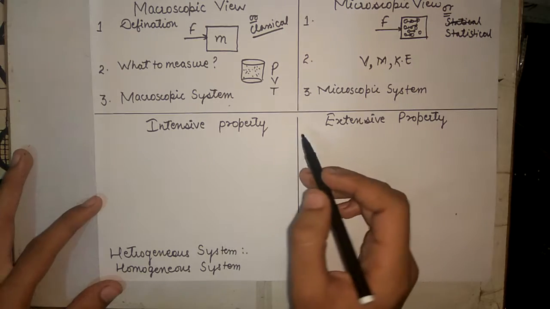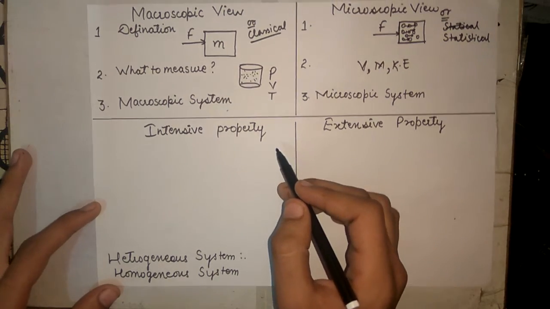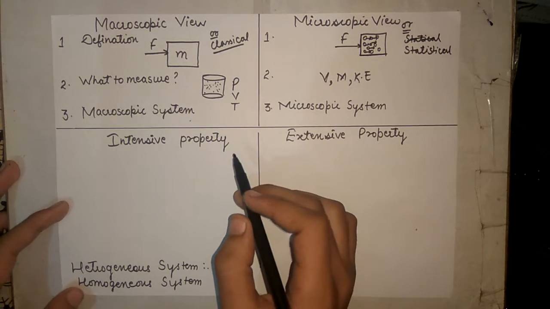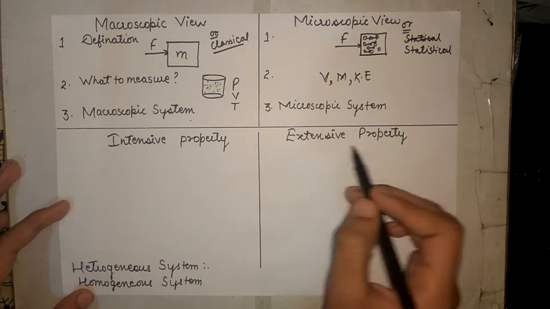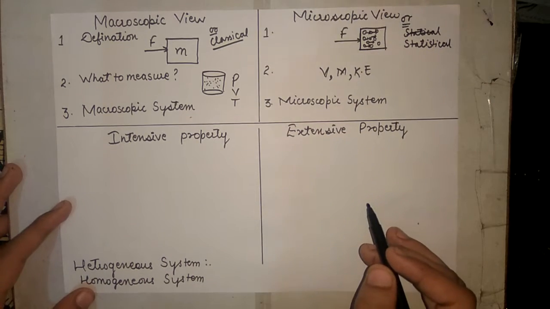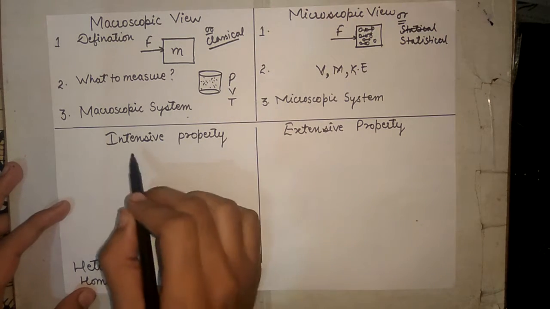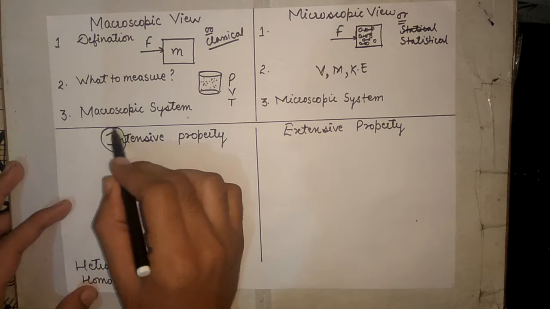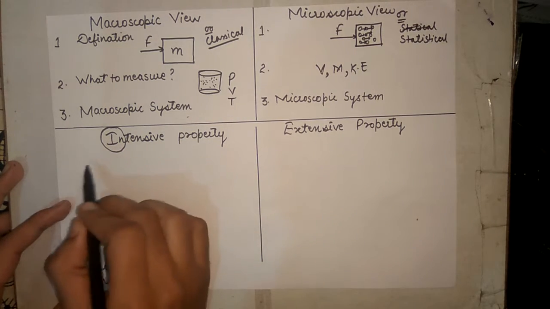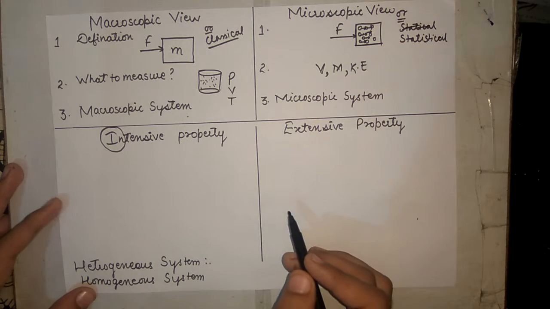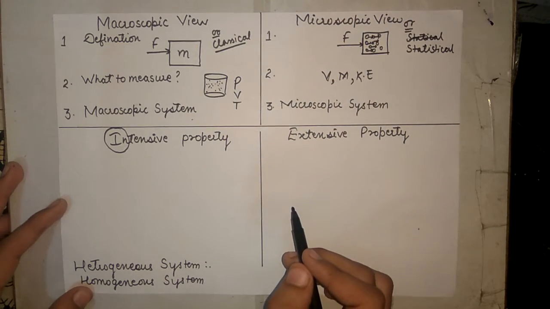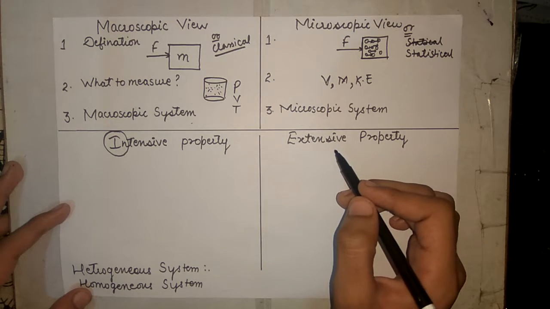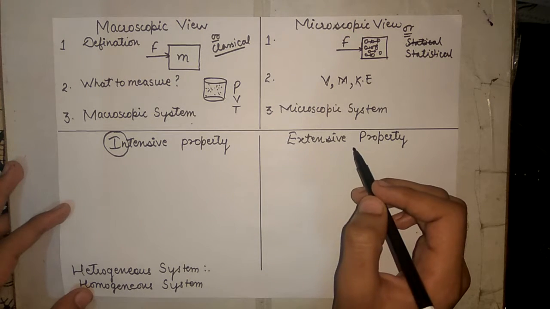Now come on to the properties. There are different properties, some of which are intensive properties and others are extensive properties. The properties which do not depend on mass, meaning independent of mass, are called intensive properties, and the properties which depend on mass will be extensive properties.